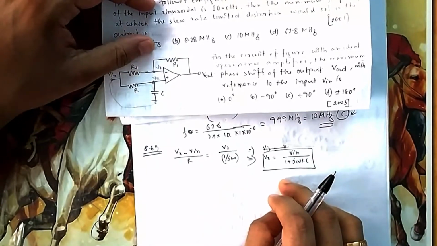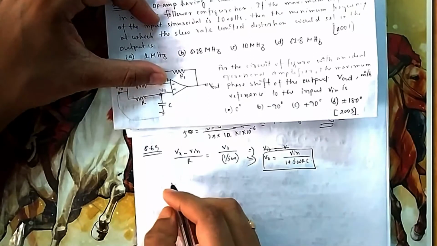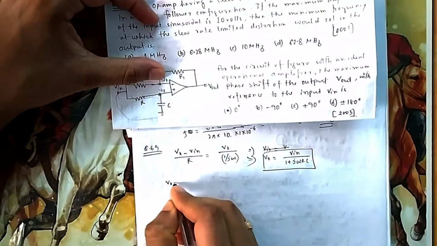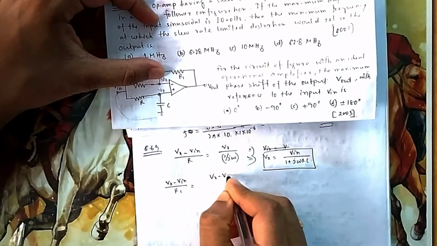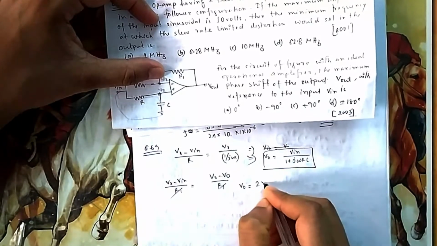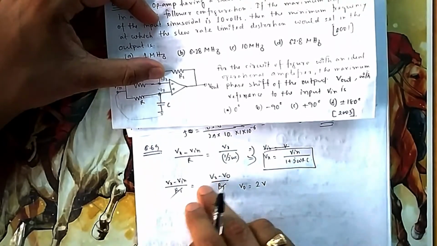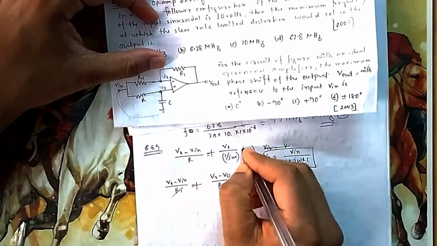Once you know this, now let us calculate nodal at this point, this negative terminal. So what will be the nodal at this point? (Vx minus V in) by R1 is equal to (Vx minus V0) by R1. So again R1 cancels. So your V0 will be equal to 2Vx minus V in. This plus this plus this equals 0, all outgoing currents sum equal to 0.